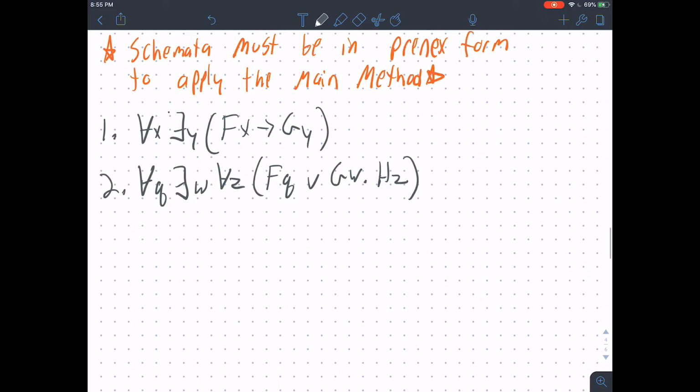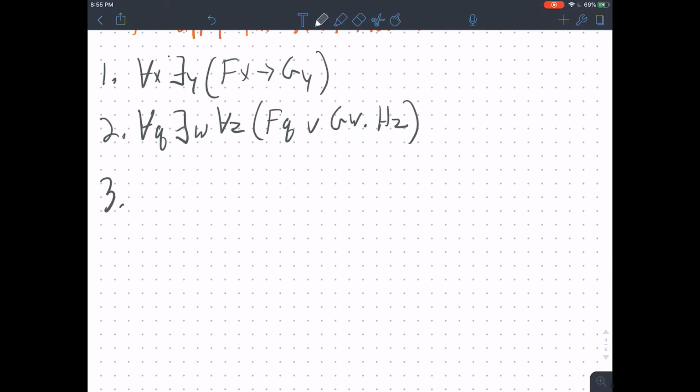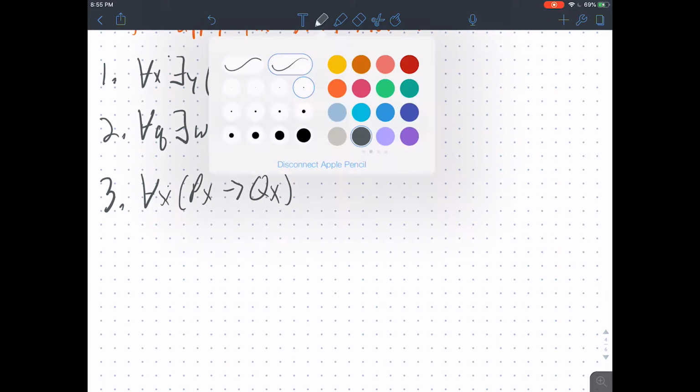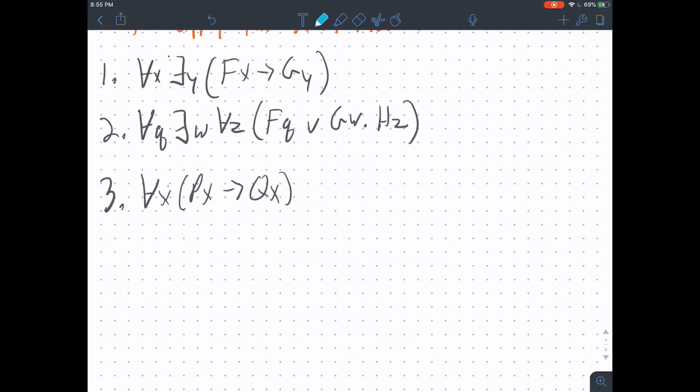All the quantifiers are out in the front. So this one's in prenex form. It's also pure, right?